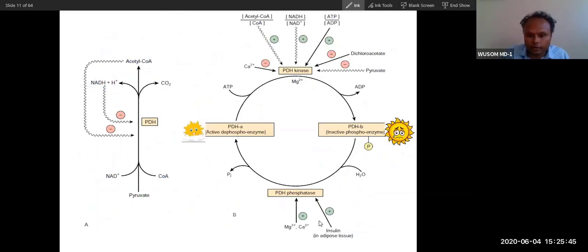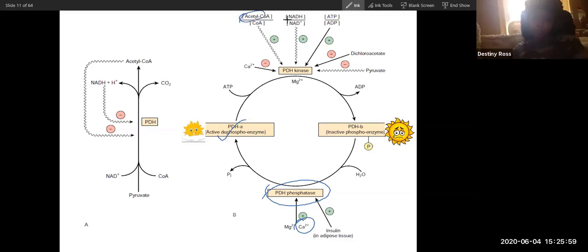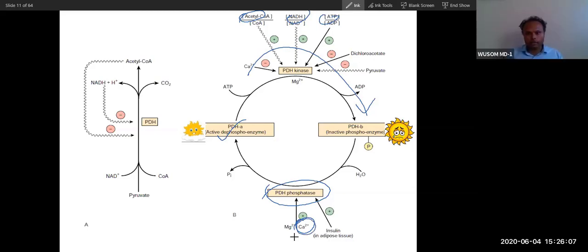Did you get this? You can see calcium is an activator of the pyruvate dehydrogenase complex. Did you understand now? These are all inhibitors. This is the activator. Calcium is the activator.